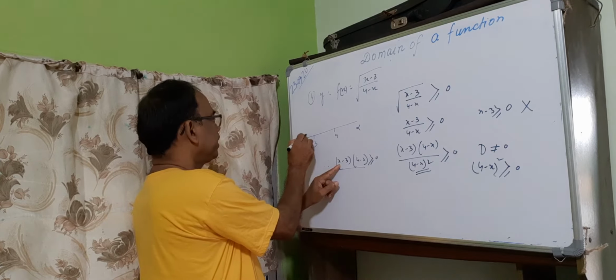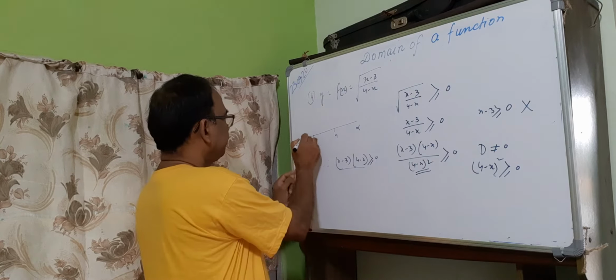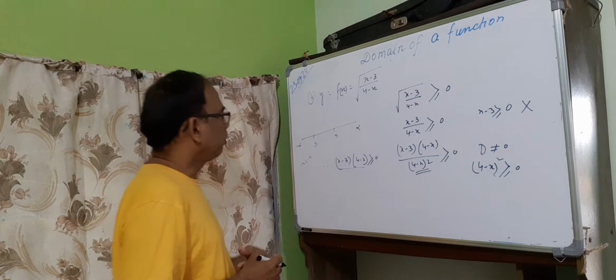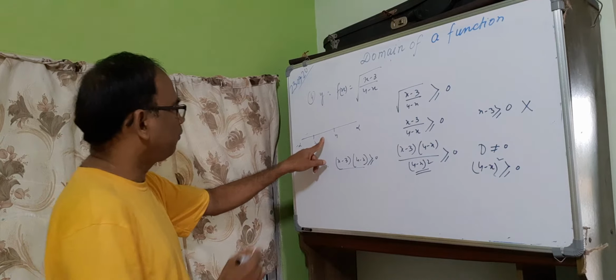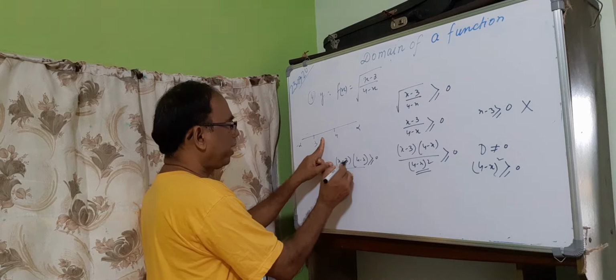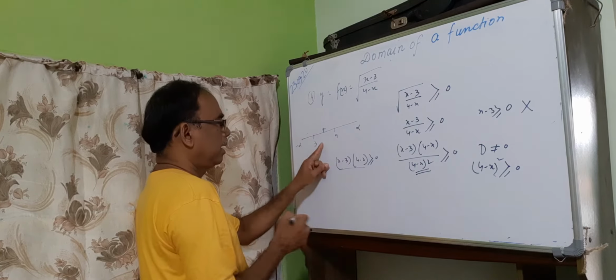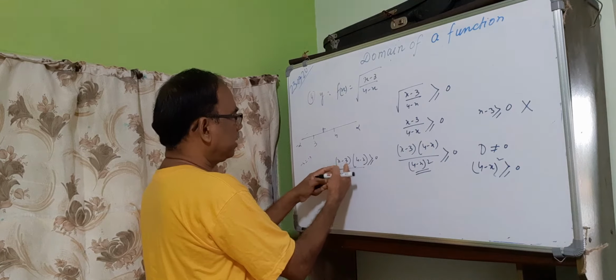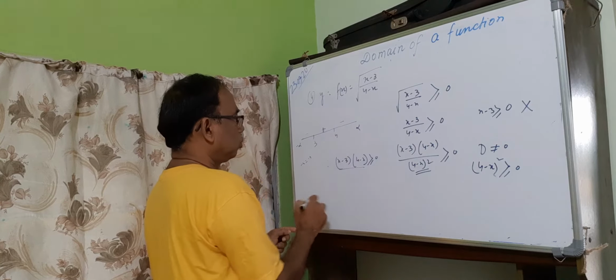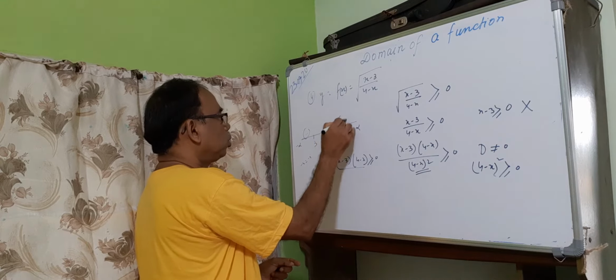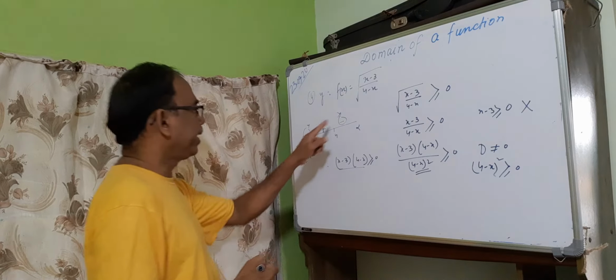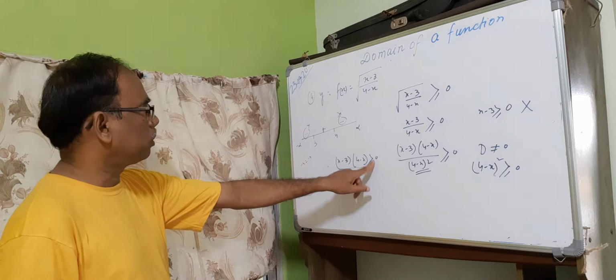The product is negative. For 3 to 4, we can take 3.5. 3.5 minus 3 is positive, and the other factor is positive. And if you take 5, 5 minus 3 is positive, and the other factor is negative. So this and this should be neglected, because they come out negative, and it should be greater than or equal to 0, that is positive.